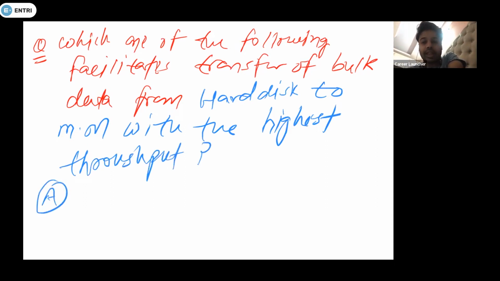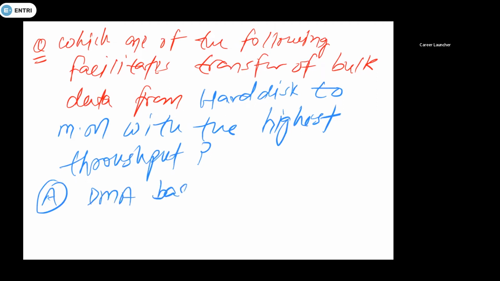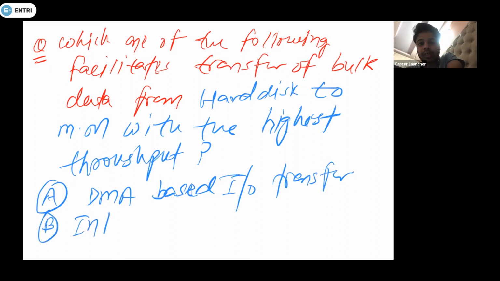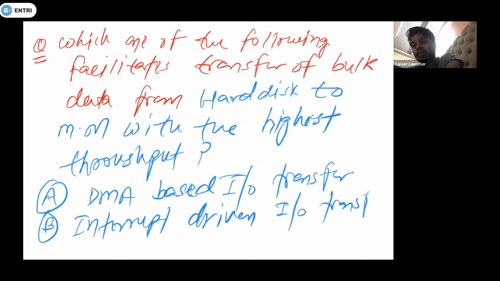The first one is A: DMA based IO transfer. B: interrupt driven IO transfer.